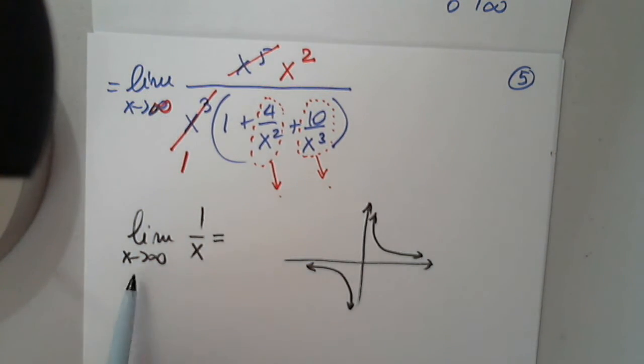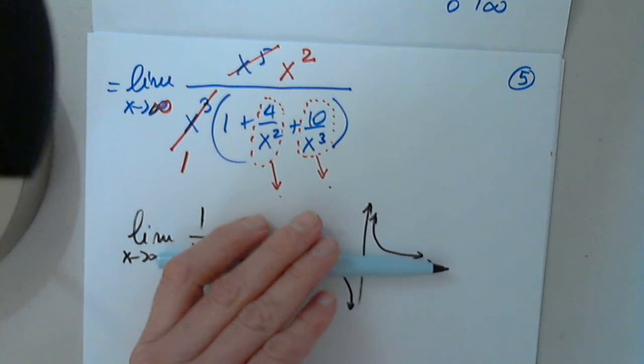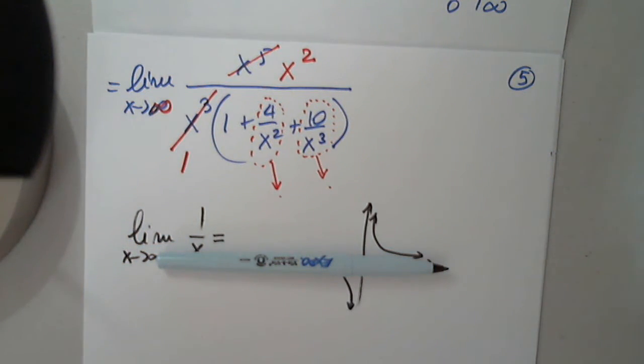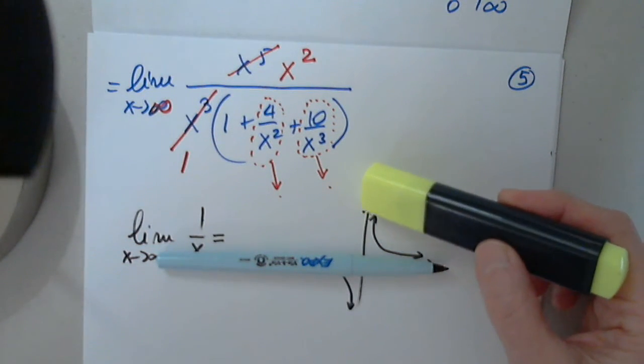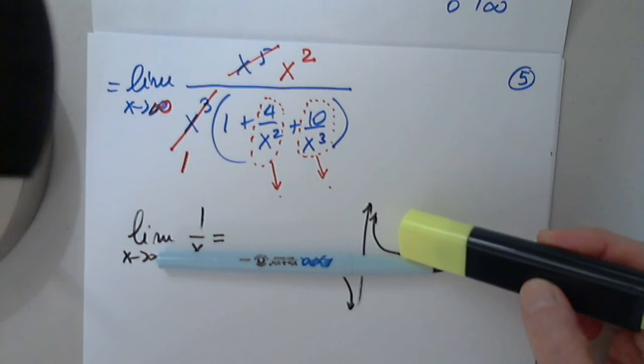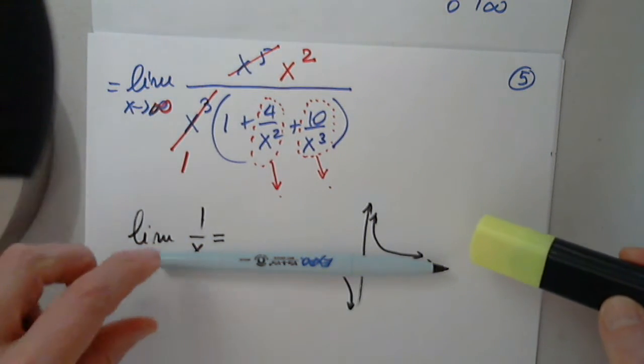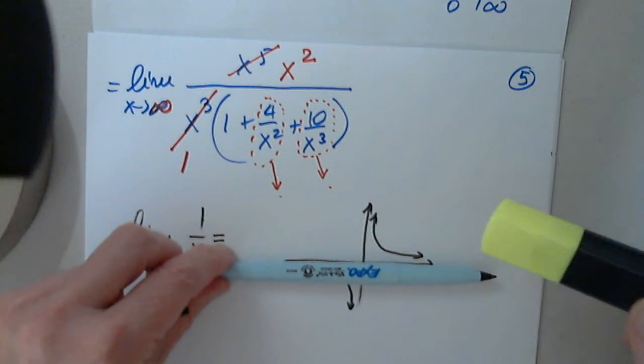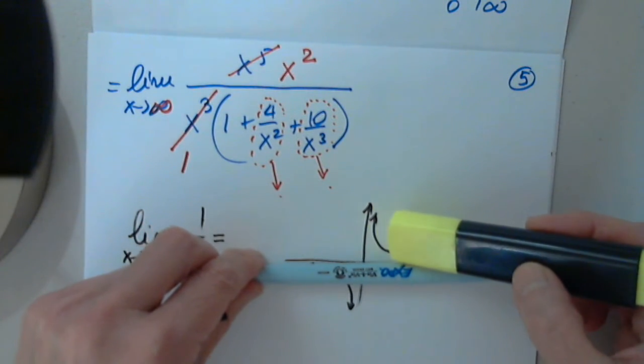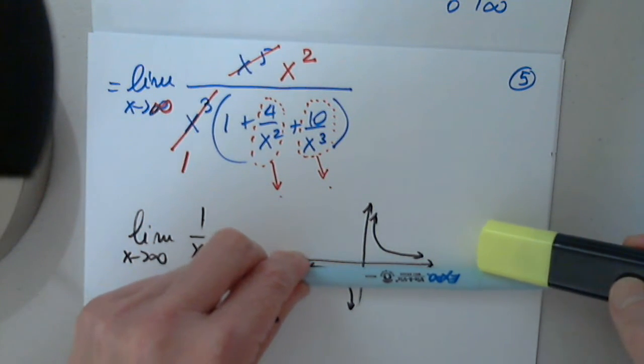Just look at this here. As x approaches infinity, infinity. Careful. Approaches 0. I'm sorry. Yes, yes. The function values get closer and closer. So as x approaches infinity, the function values get closer and closer to 0.